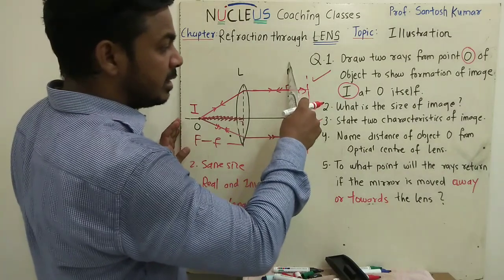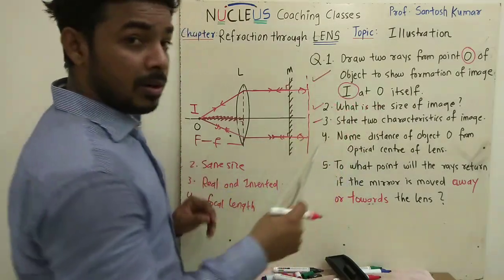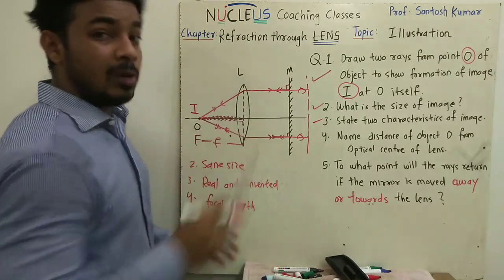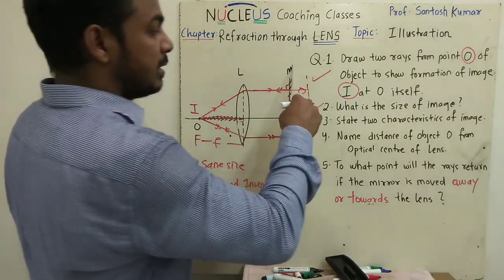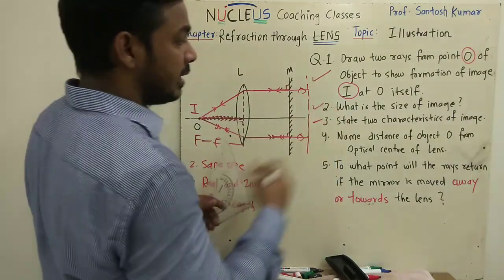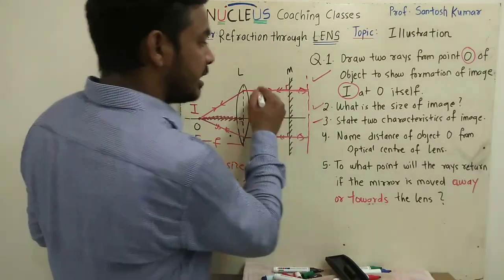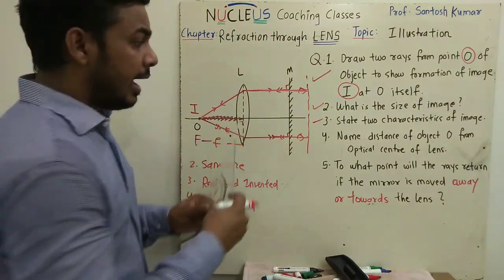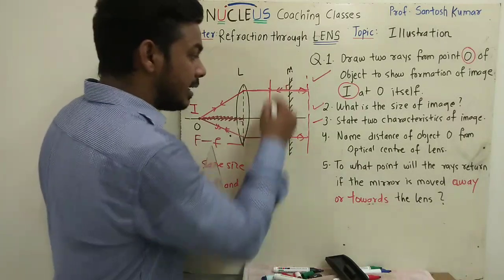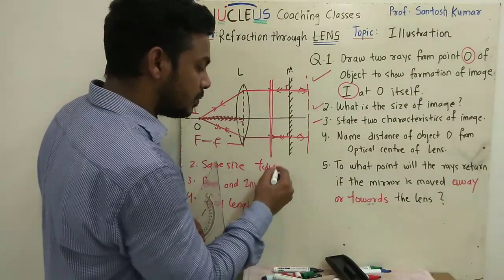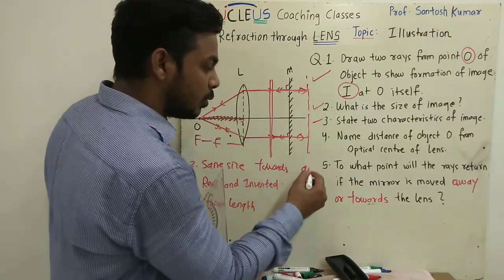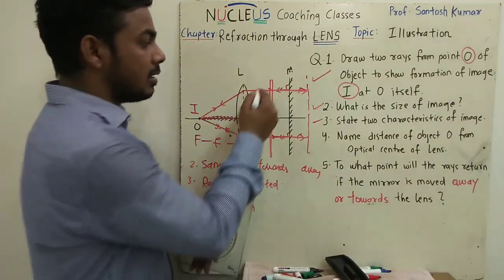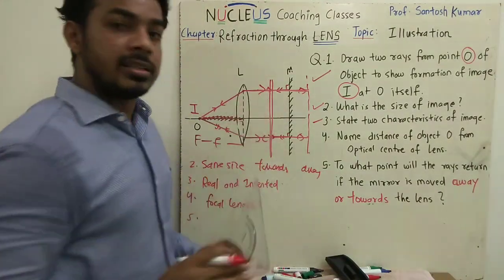But remember the mirror should be perpendicular to the principal axis. If the mirror is moved towards the lens, or moved away, it doesn't matter, the ray will still retrace its path.